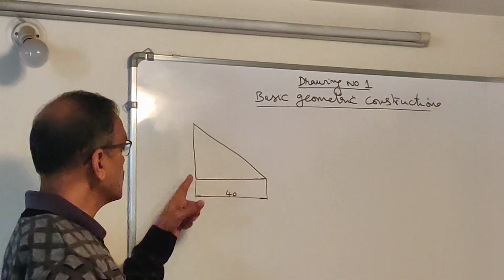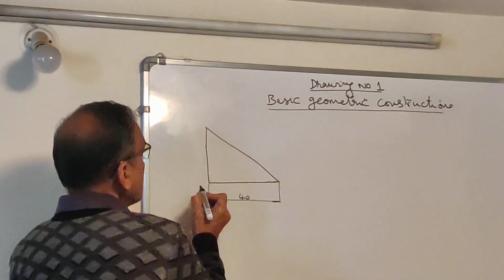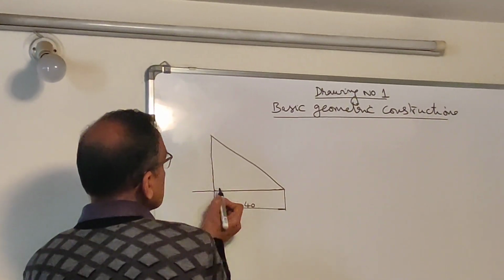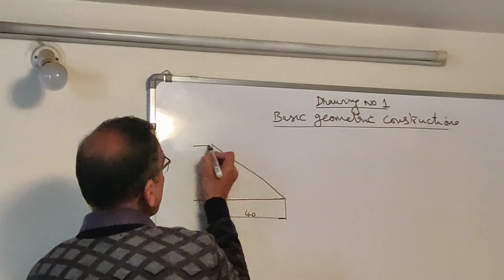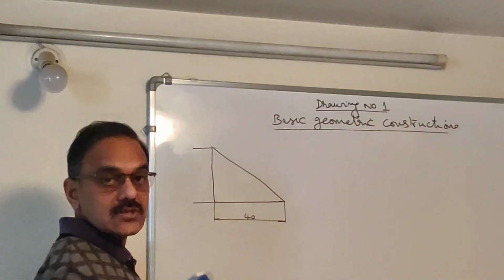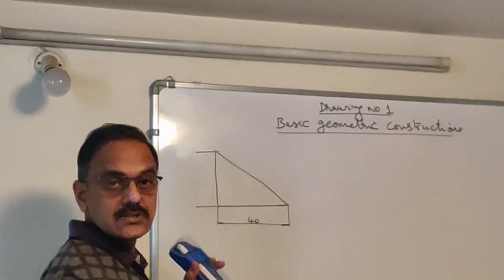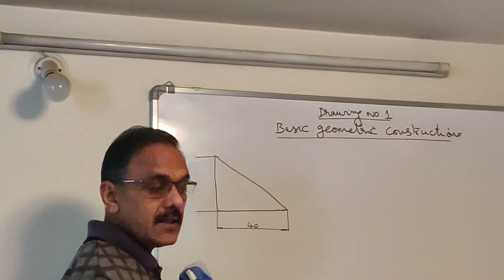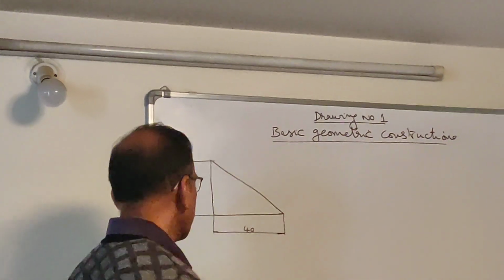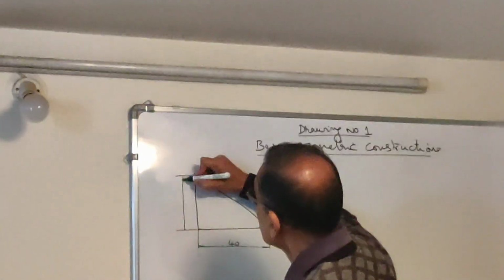But if you want to dimension the vertical line, the first thing is you will draw two extension lines perpendicular to the main line. These are the extension lines. Make sure the extension lines are made thin. Then the dimension line will be made vertical now, parallel to the main line, and this is how you make the arrowheads.